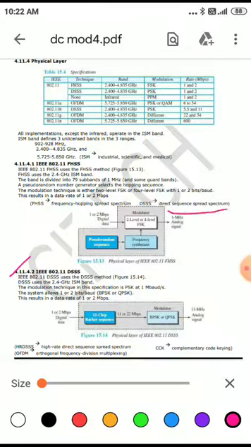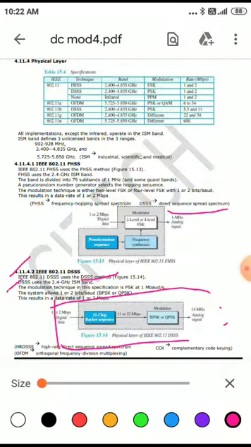Direct sequence spread spectrum. Here you can see this figure represents the IEEE 802.11 DSSS physical layer. This physical layer of IEEE 802.11 DSSS is going to use the DSSS method.